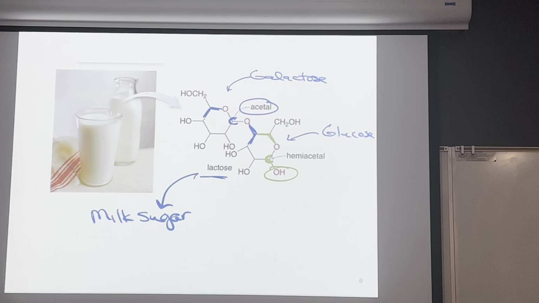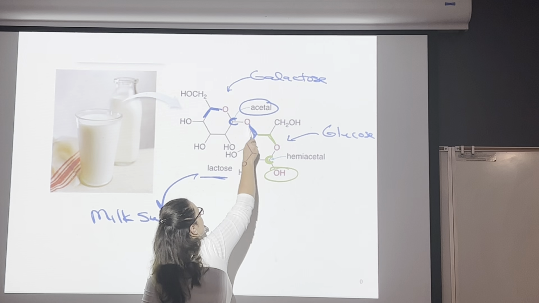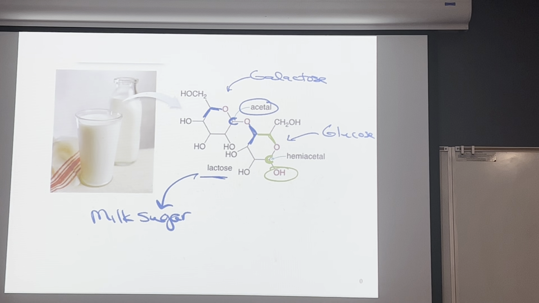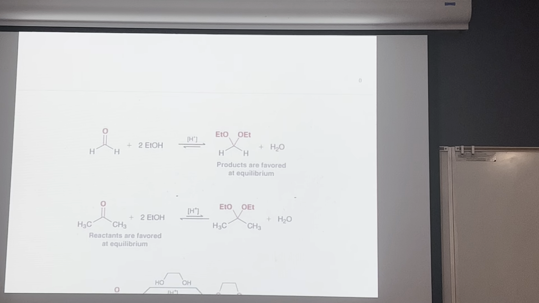Okay. And yes, you can keep on going if you want, this way or that way, but you've got OR over there. So you've got the hemiacetal right there. Are we okay with this, folks? Kind of, sort of, maybe? Okay, we will use this again, so that's the reason why we're going over this.